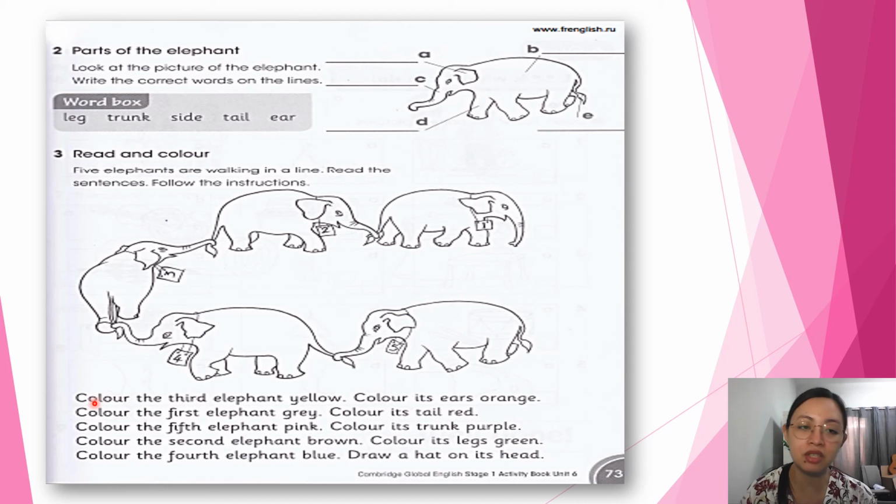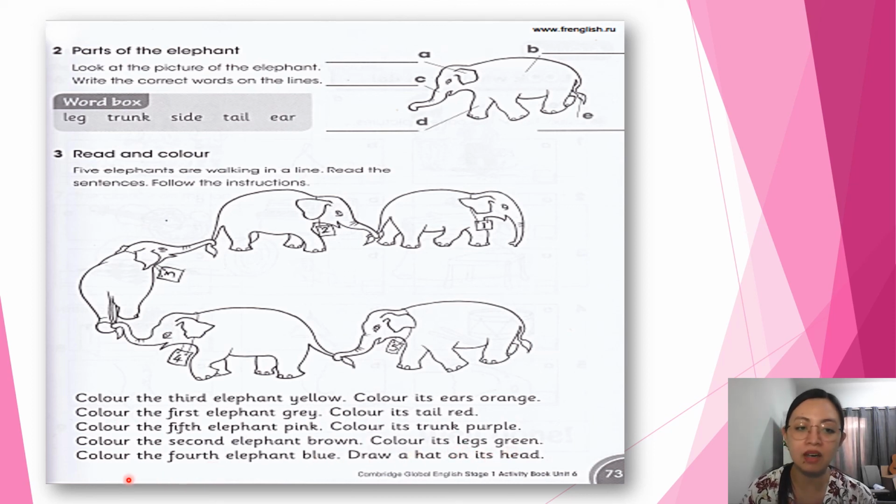So the instructions are: color the third elephant yellow, color its ear orange, color the first elephant gray, color its tail red, color the fifth elephant pink, color its trunk purple, color the second elephant brown, color its legs green.